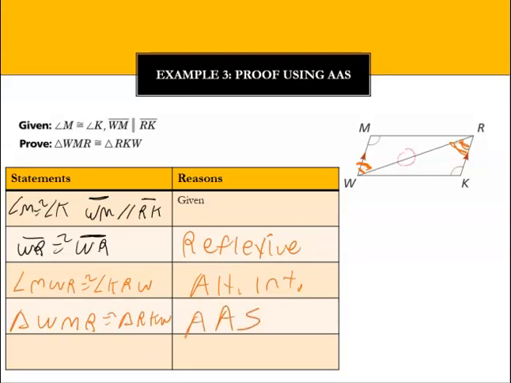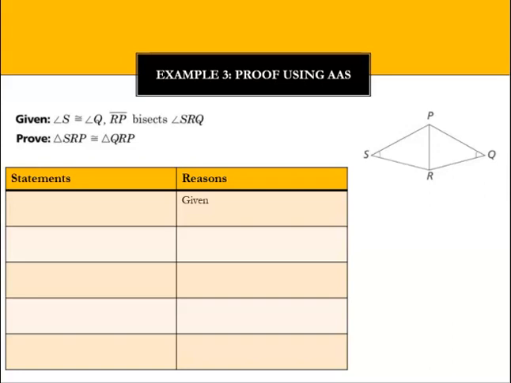All right, let's do another one. Okay. We have S is congruent to Q, that was shown to me. And then RP bisects angle SRQ. Okay, that's good. So the next thing would be PR is congruent to itself, reflexive.